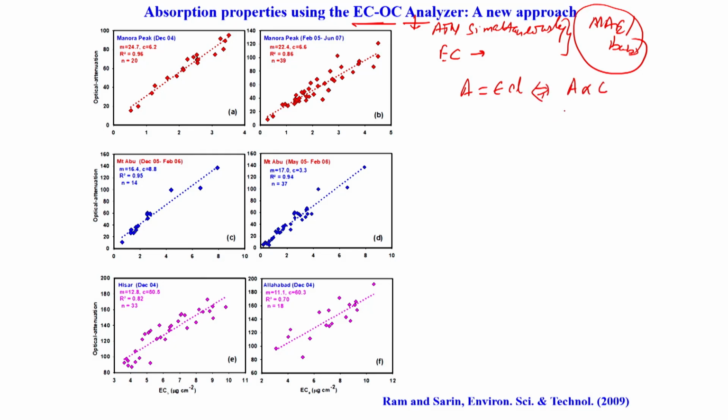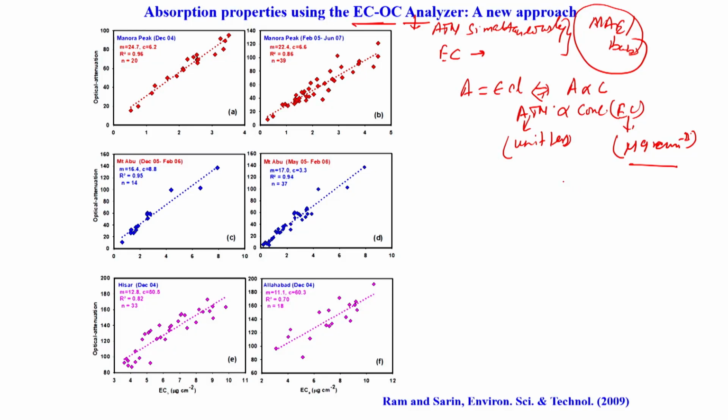Absorbance was proportional to the concentration. Now here we do the same thing: attenuation is proportional to the concentration of elemental carbon. Remember, attenuation is unitless, absorbance is unitless, and there we had to multiply by L; here we do not have to multiply anything. This concentration is reported as microgram per centimeter square, which is the surface concentration.